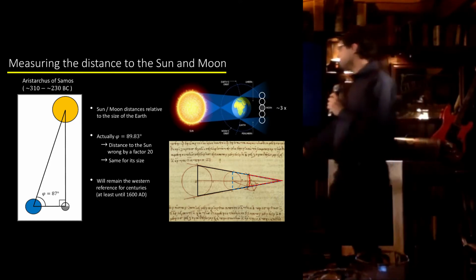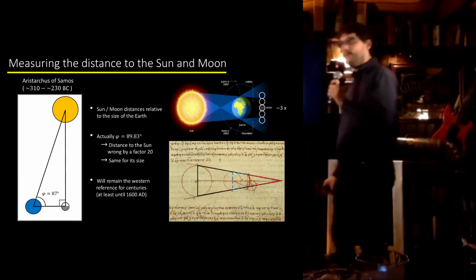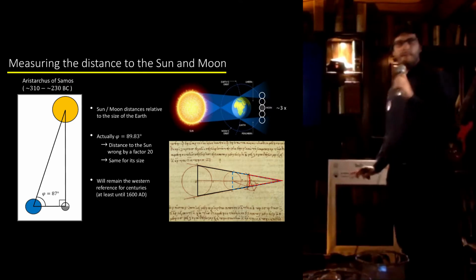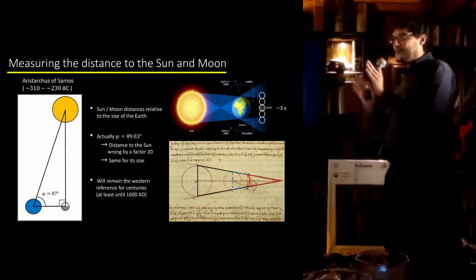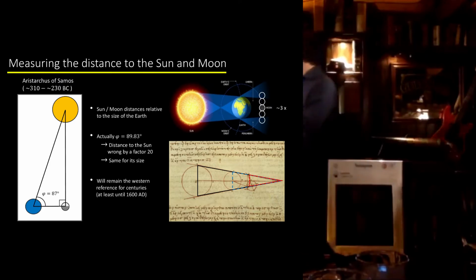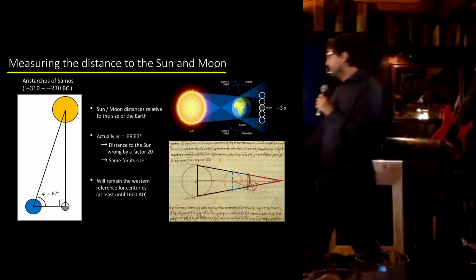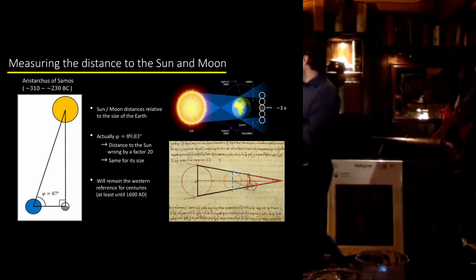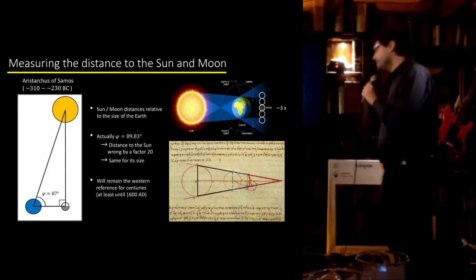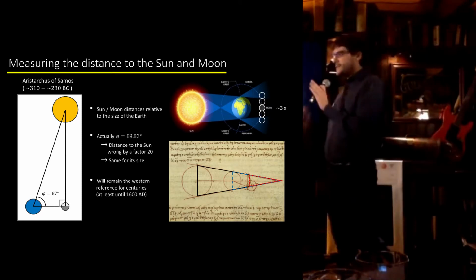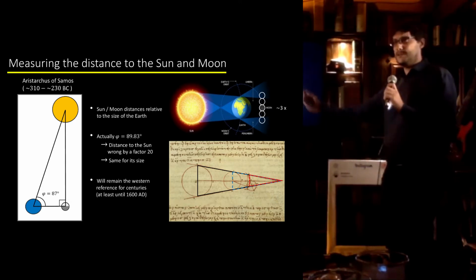Unfortunately, this measurement here of the angle between the sun and the moon at half moon is extremely difficult to make. One of the reasons is that the timing is a bit different, and the angle is almost a right angle also on the other side. And so he estimated 87 degrees, but the current measurement is more like 89.8, sorry. Because it is extremely close to a right angle, that makes a huge difference in the distance.